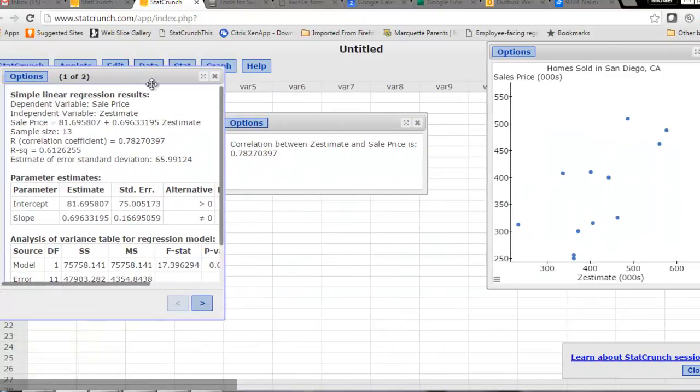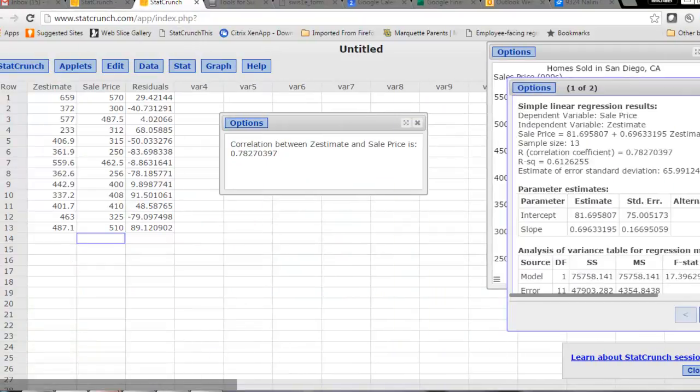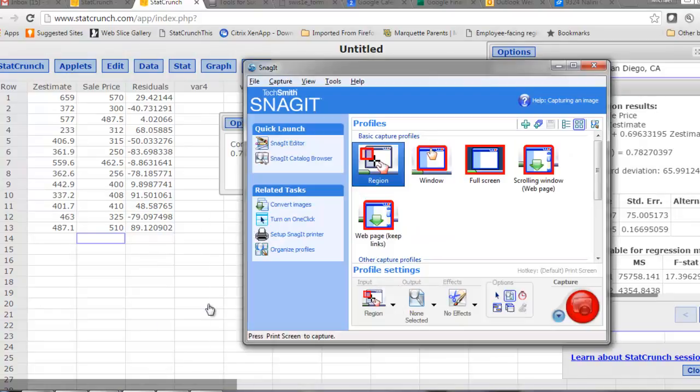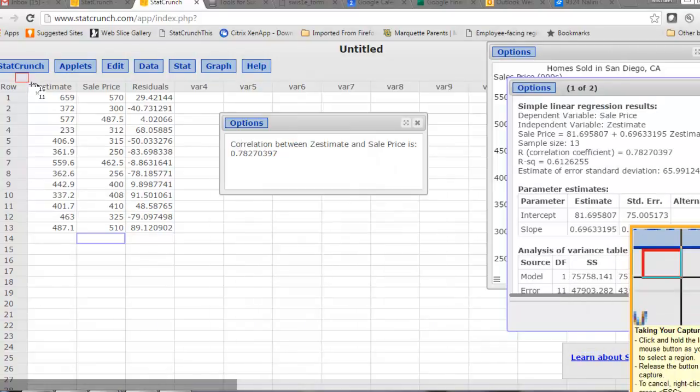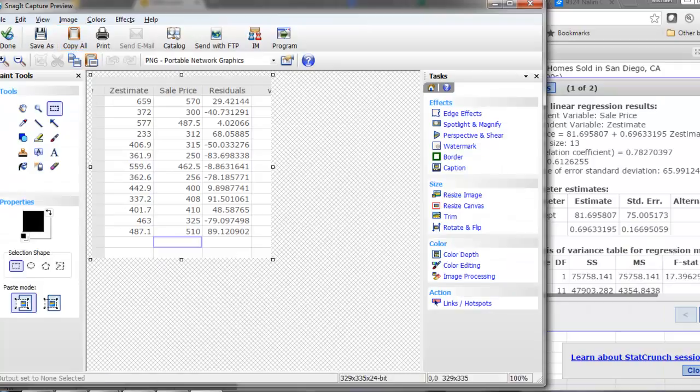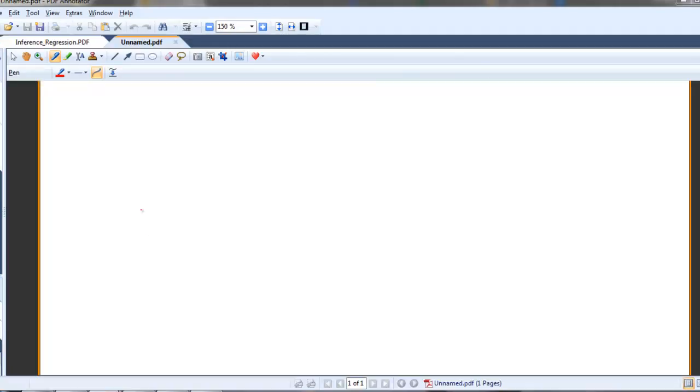So what I'm going to do here is summarize all this in a document for you. There's our data, copy, paste.